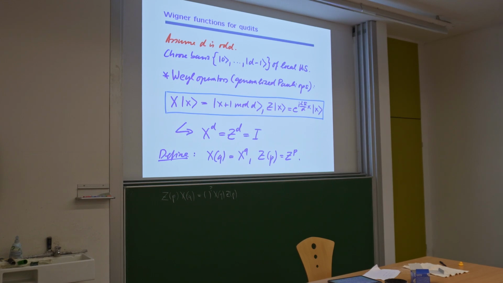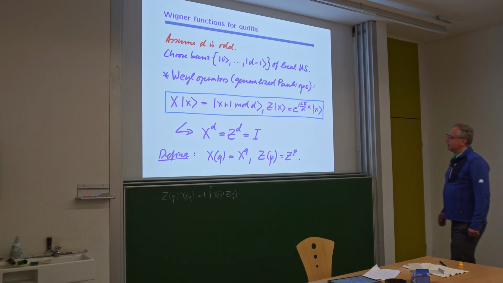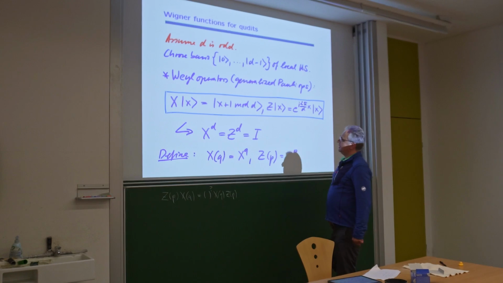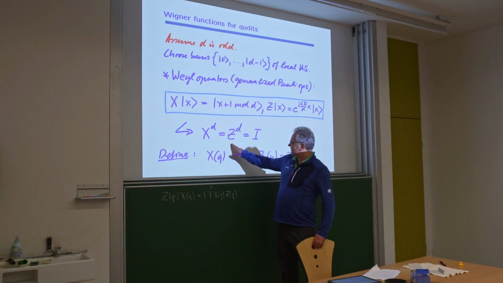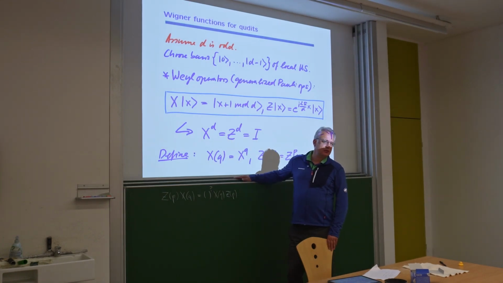But maybe what you have holds for all states, so can you write down an operator relation from what you have? Just a relation between x and z. So something along the lines of x times z is z times x times a factor.